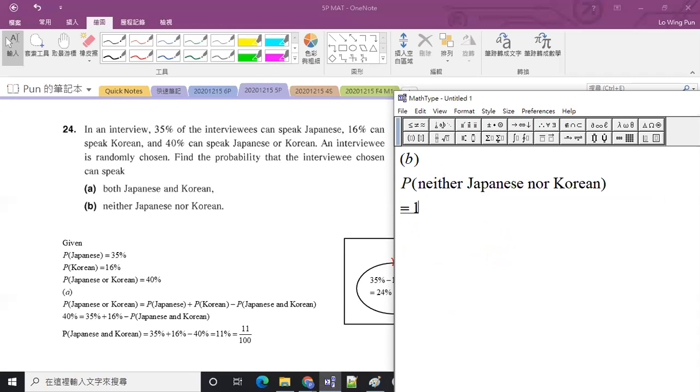It should be 1 minus 24% minus 11% minus 5%. Okay, so that should be equal to 60%. Or 3 over 5.